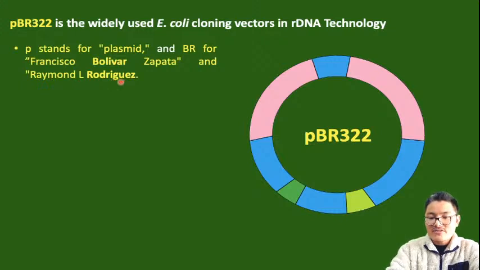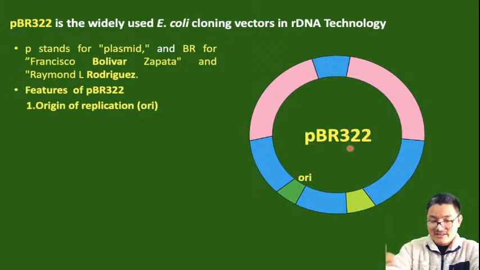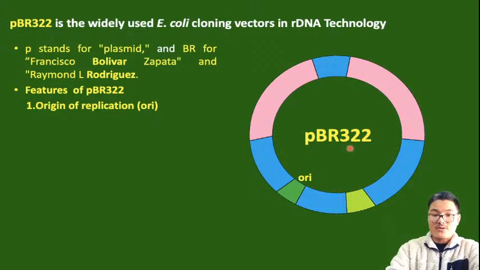So in pBR322, P stands for plasmid, B for Bolivar, R for Rodriguez, and 322 is the number in the name of the newly constructed plasmid.